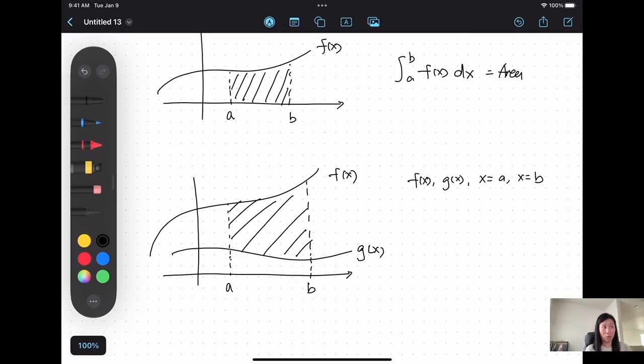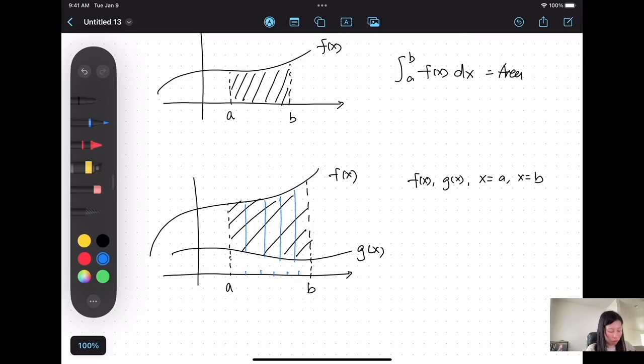So in this one, we can partition the interval from a to b and form a Riemann sum. I can divide the area into equal-width pieces.